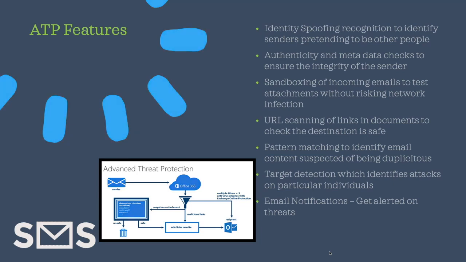It also does things like authenticity checks, which basically ensure the integrity of the sender, that they are who they say they are. So it can check to make sure that sender is who it's actually coming from. Now the sandboxing feature is the virus thing that I've just mentioned. If you send somebody an attachment, it will go through all these scanning engines, and you can actually view what it will look like if the file opens on your machine in real time, and what it will actually do if it's infected.